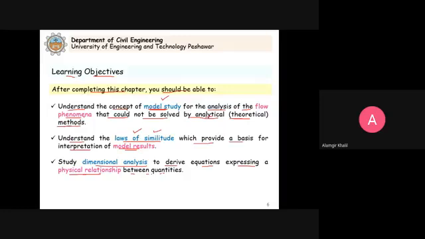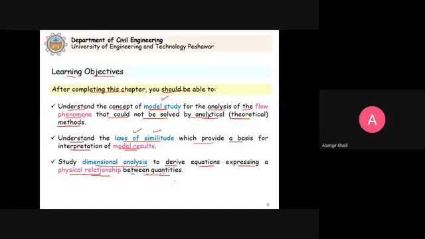And then in the second part of the chapter, we will study about dimension analysis. Actually, it's a mathematical technique where we deal with the dimensions of the different quantities, and it is used to derive equations expressing the functional relationship between the physical quantities.